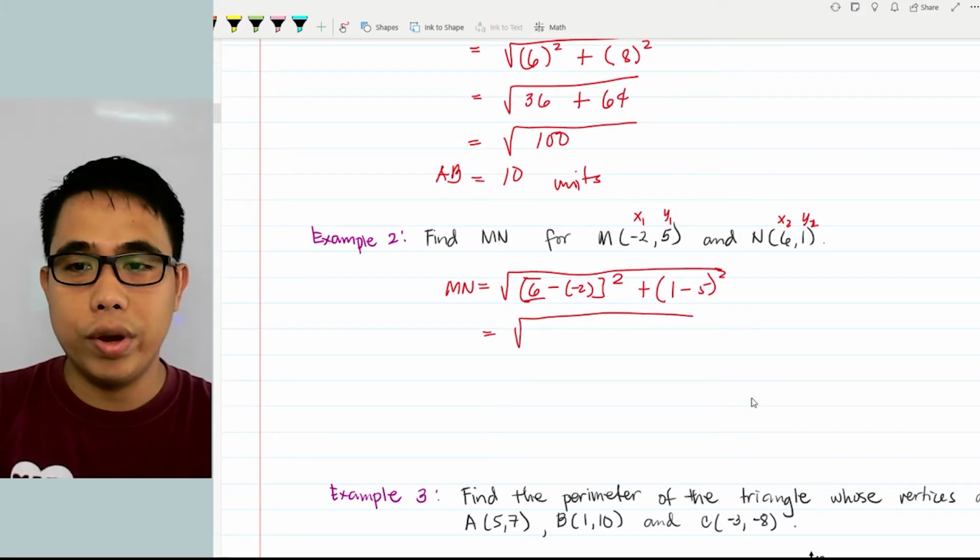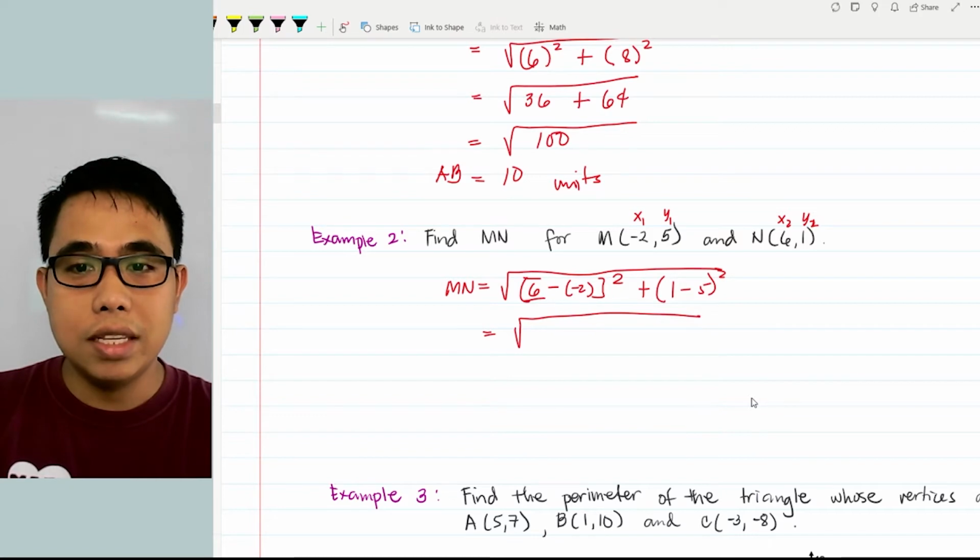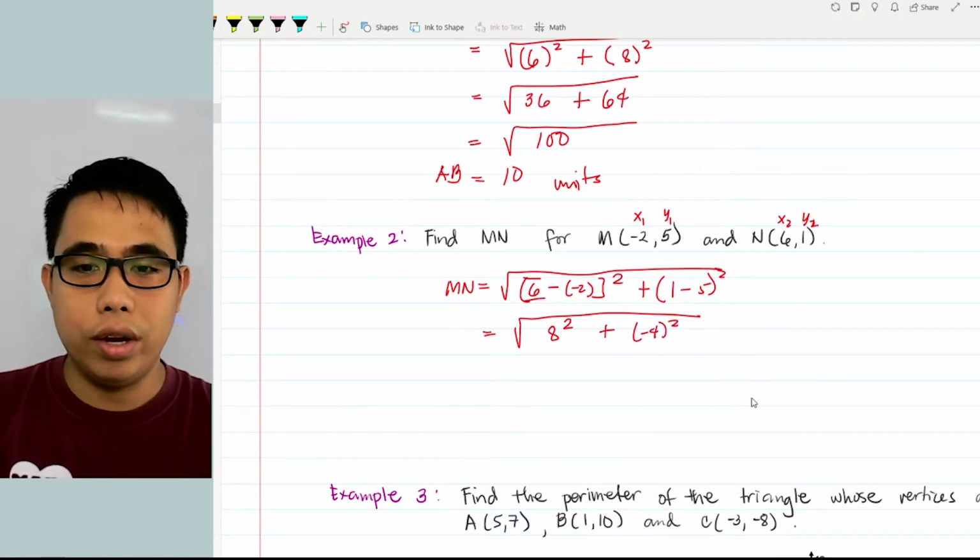So that is now the square root of, now 6 minus negative 2 is the same as 6 plus 2. So that is now 8 squared, plus 1 minus 5, that is negative 4 squared.